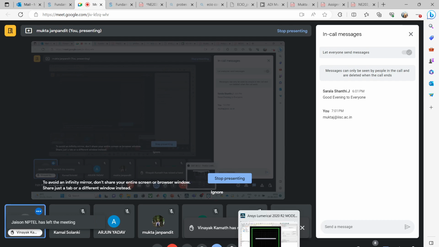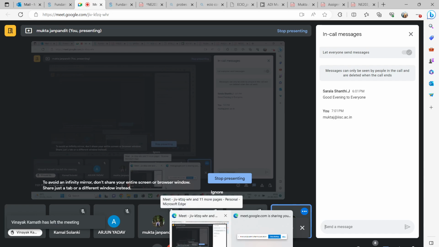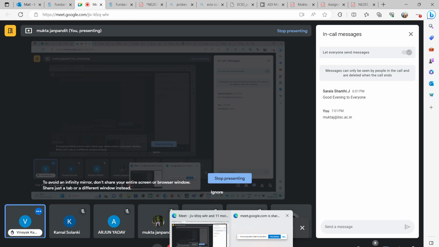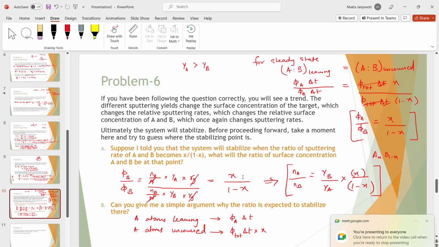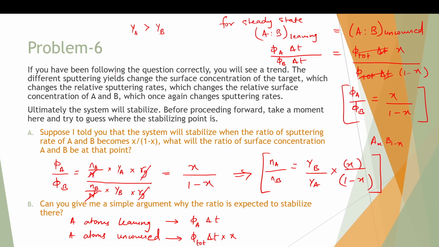I'll send you the solutions. When I did the course, these were the assignments, and I have solutions to those assignments. I can send you the entire assignment. There might be more questions in it also. Just drop me a mail because I don't have everyone's email addresses. Yes, I will share an email with you. Thanks.